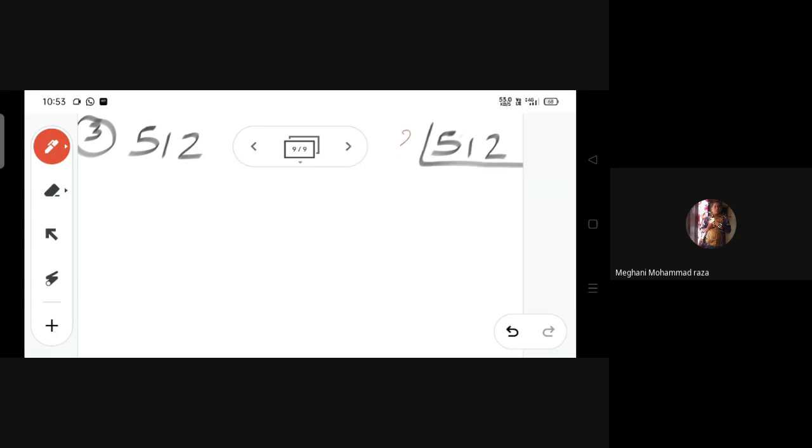It is an even number, so we'll divide it by 2. 64, 32.